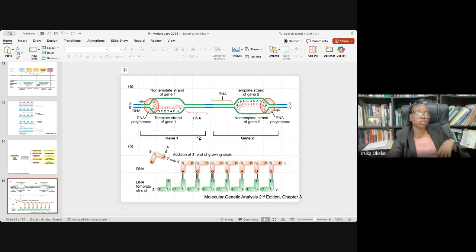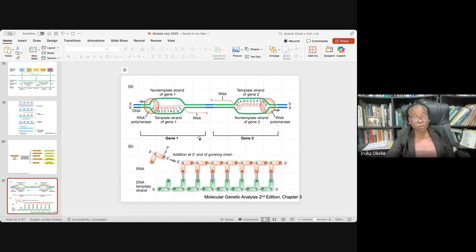RNA polymerase does not just fall on a random piece of DNA and start transcribing from anywhere. And at the same time, when the RNA is made, the RNA gets to the ribosome. The ribosome doesn't just start translating from anywhere. If it did, there would be errors because remember, they are reading frames.